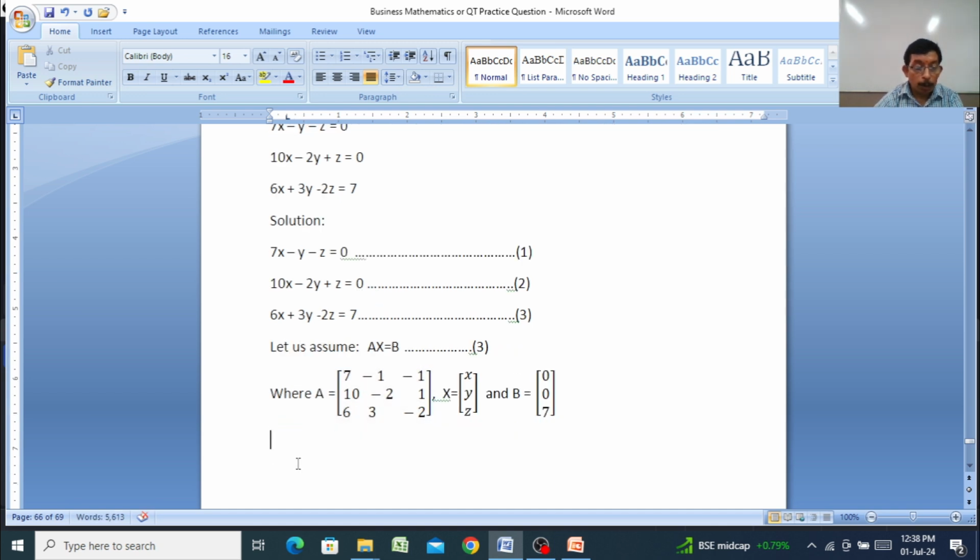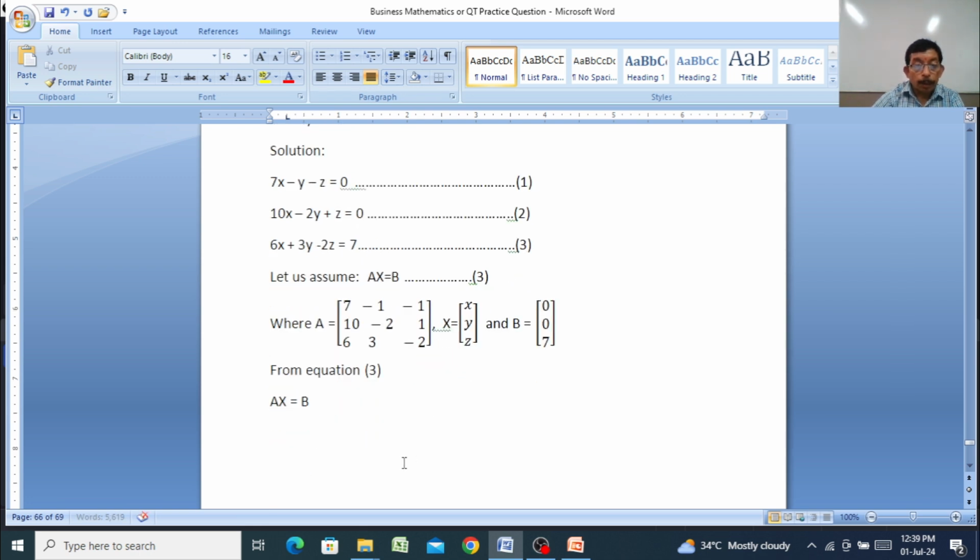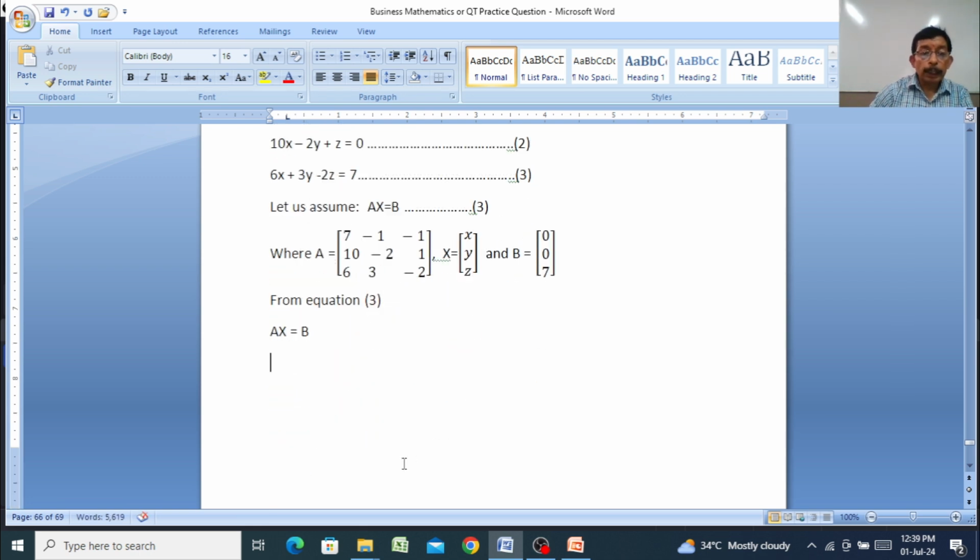Now simplify AX equals B from the third equation. AX is equal to B, multiply by A inverse on both sides.